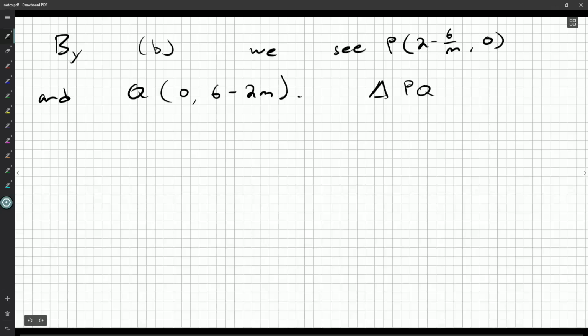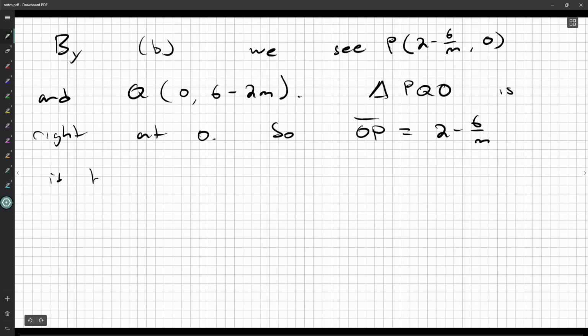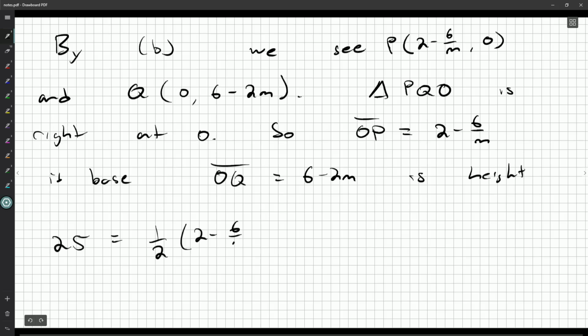Triangle POQ, or I guess I'm writing PQO, is right angled at O. So length OP, which happens to be 2 minus 6 over m, is the base. And OQ, which is 6 minus 2m, is the height. 25 is the area, and that's 1/2 base times height.